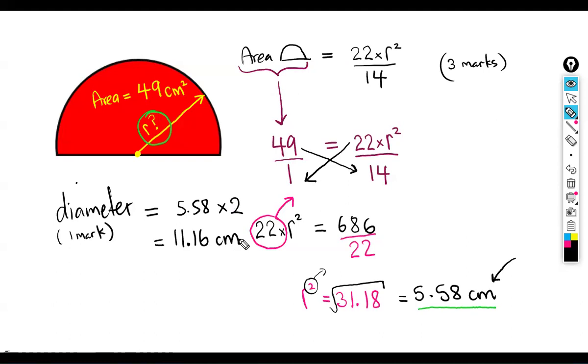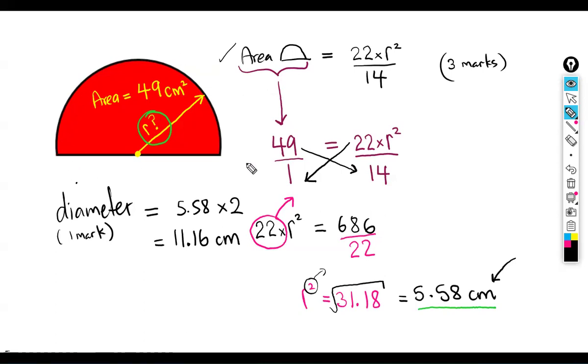Right, so look out for those little sneaky questions in the exam. They might ask you to find radius and then ask you afterwards to find the diameter. So this, for the time being, concludes a little revision on how to find the area or radius of a semicircle. But what about perimeter?